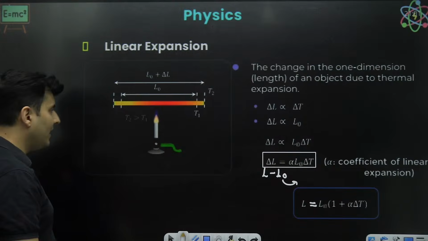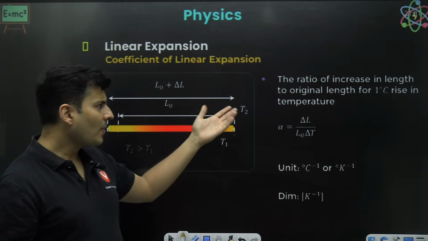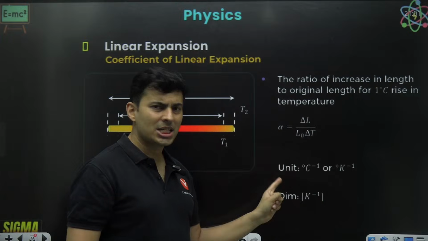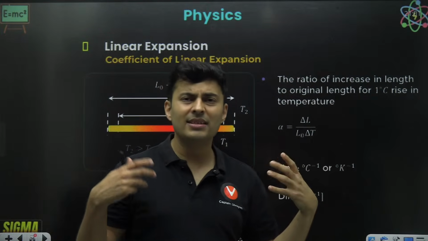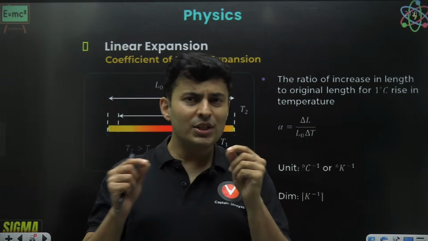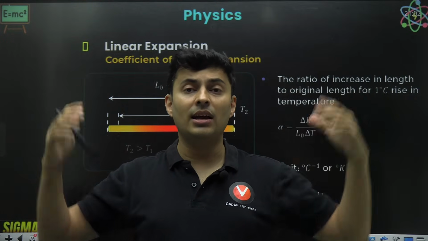The way alpha has been defined also, the ratio of the change in length by the original length per degree centigrade is defined as alpha. So if alpha is large, meaning if you change the temperature even by a small amount, it is changing its length by a large amount.